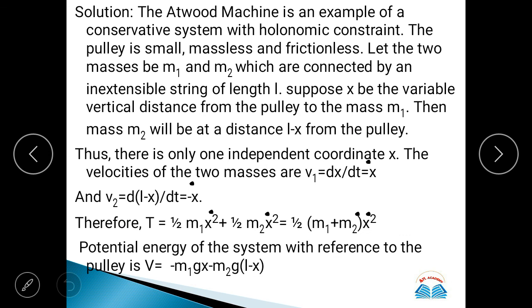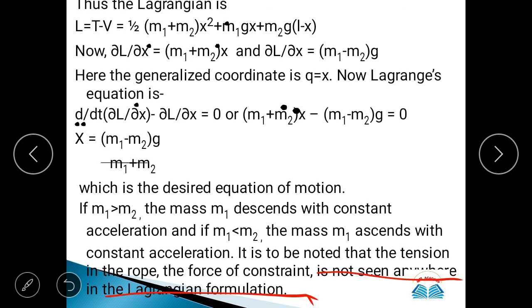So basically the Atwood machine is an example of a conservative system with holonomic constraint, and the pulley is small, massless and frictionless. So students, this was the first method of solving the problem, which is very easy.